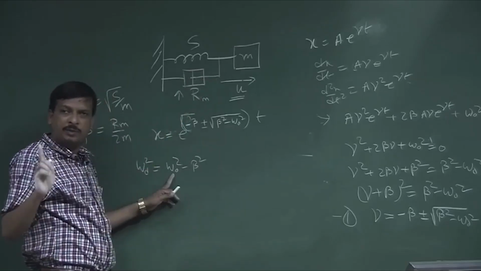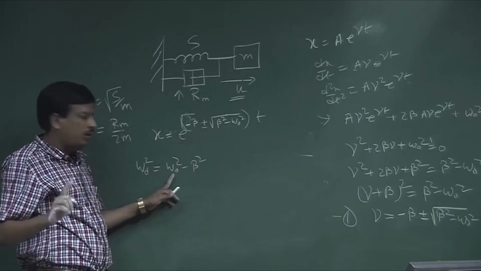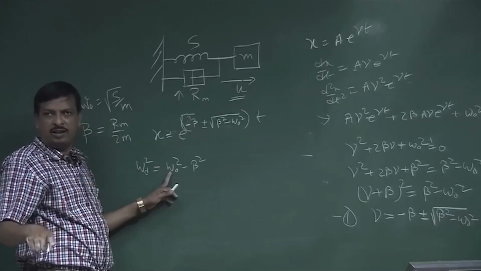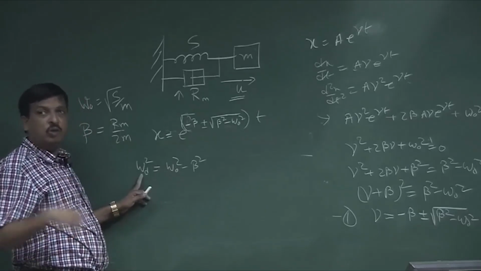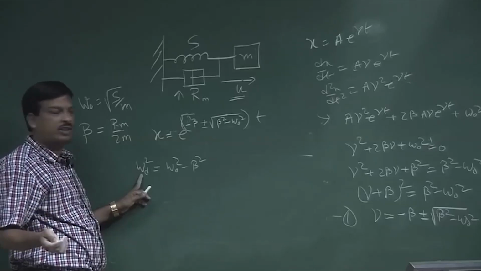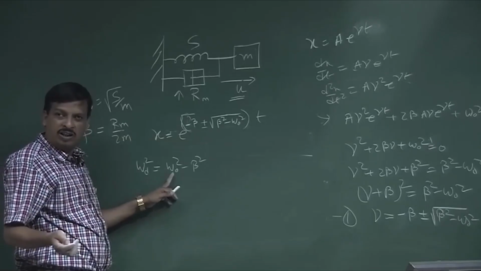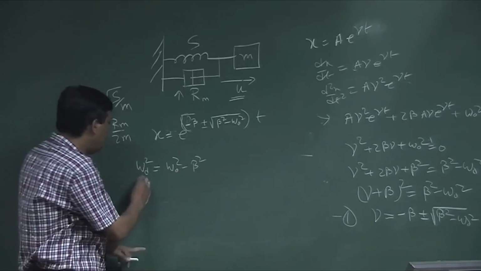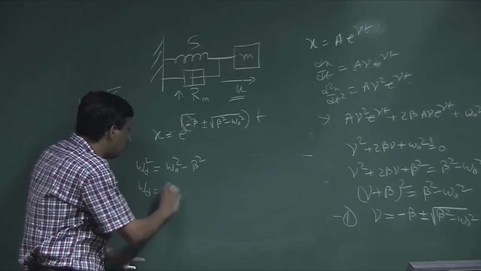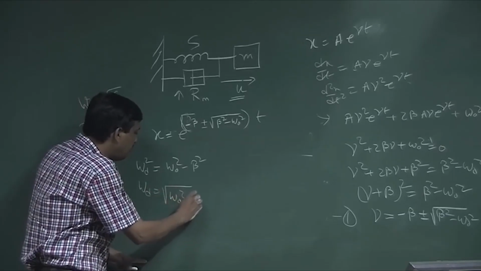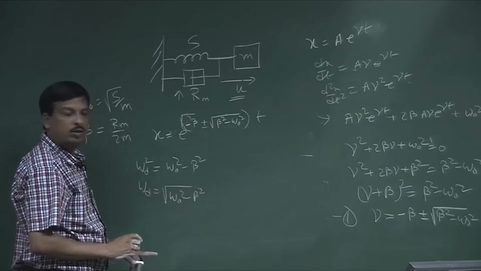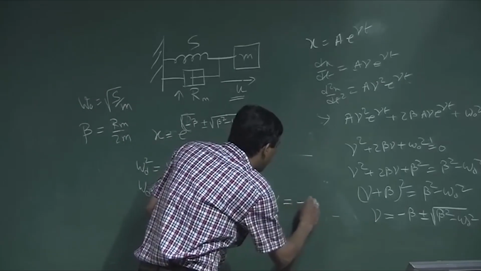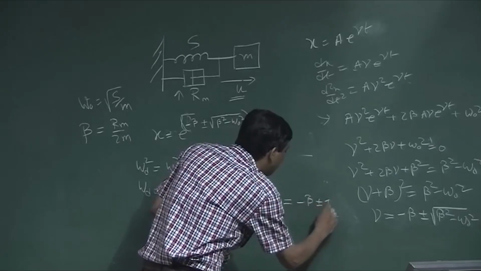Omega d is the new natural resonance frequency, the old natural frequency squared minus beta square. So I can write omega d is root over omega 0 square minus beta square. If I put that into gamma, gamma is minus beta plus or minus j omega d.